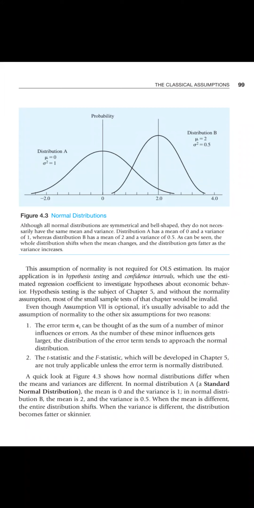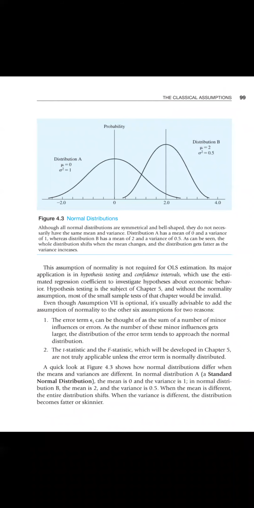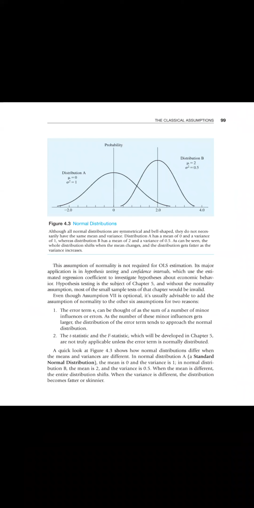Most of the tests that you conduct in statistics assume a normal distribution. For instance, if you're going to use the t statistic and the F statistic, you have to assume a normal distribution. Without that assumption, you are going to be stuck. Okay.